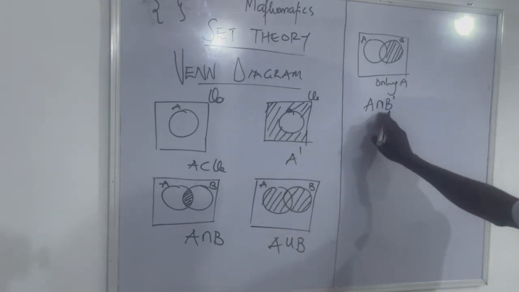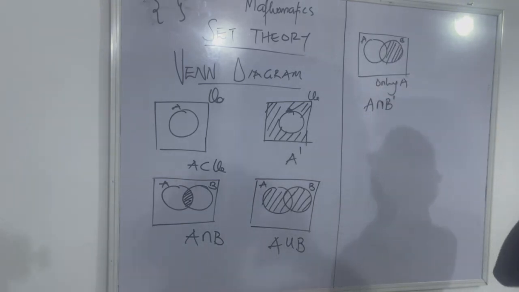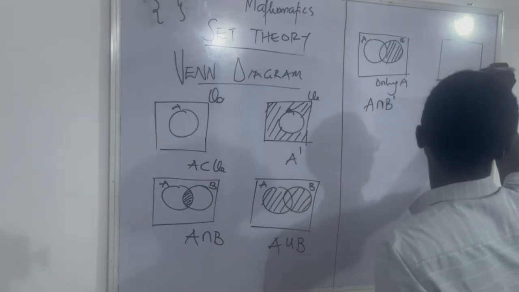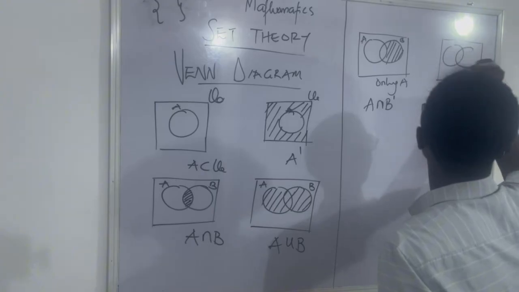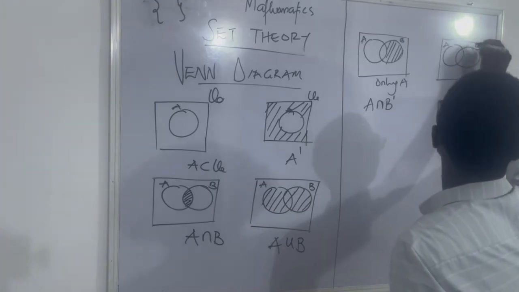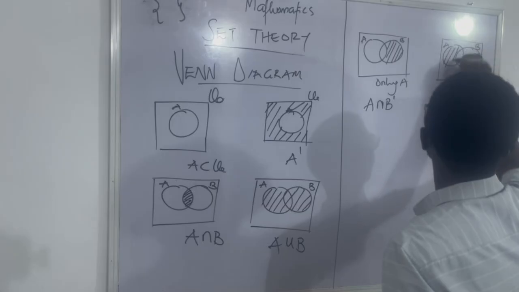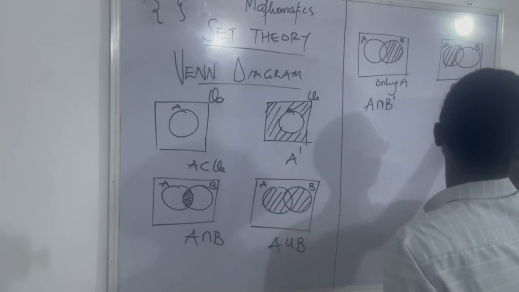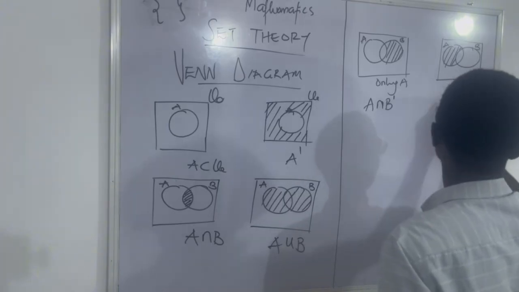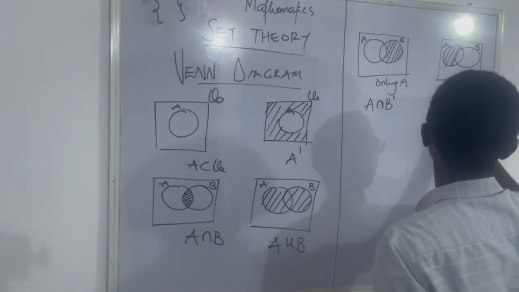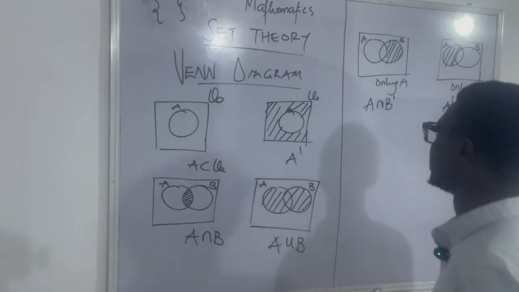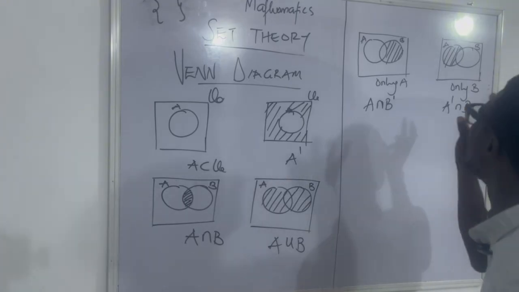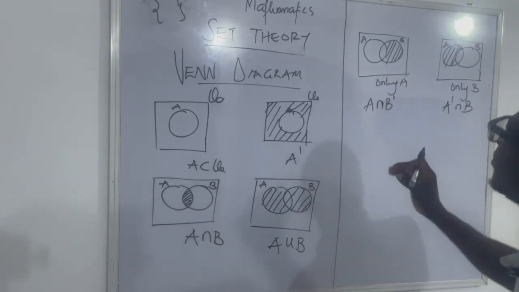That is, it has nothing to do with B. So this again, this A, this B. Shading this, this is only B. So that's A complement intersection B. That is, if, for example, they tell you to find only A, this is it. Find only B.